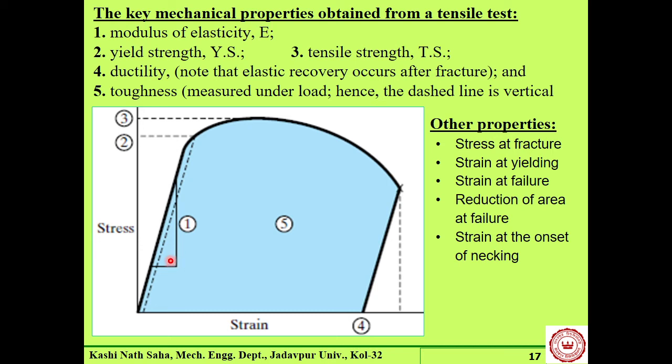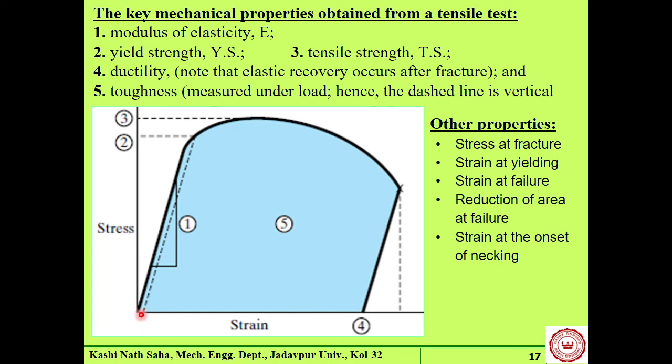And in connection with generalized Hooke's law, the modulus of elasticity has an equivalent generalized sense. Then there is the yield strength, 0.2. Now, whatever be the material type, brittle, ductile, whatever. Then the third one is tensile strength or ultimate tensile strength, the maximum value.